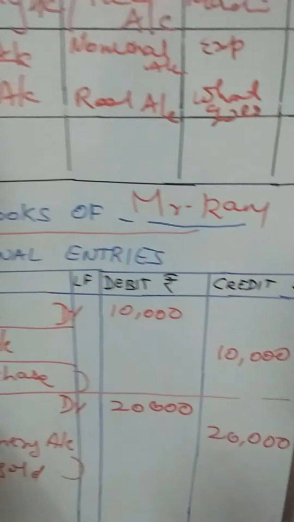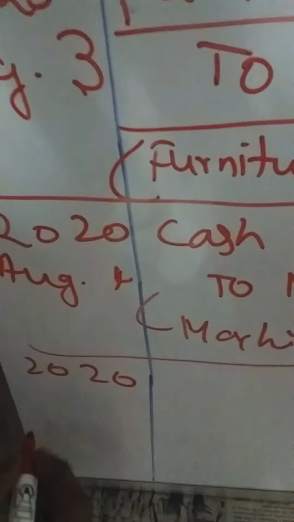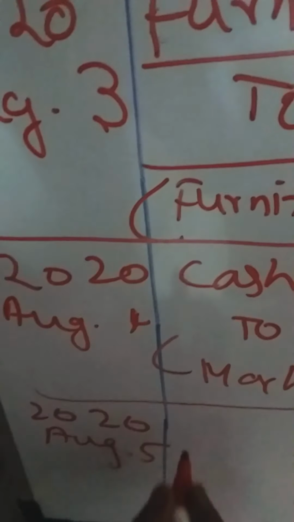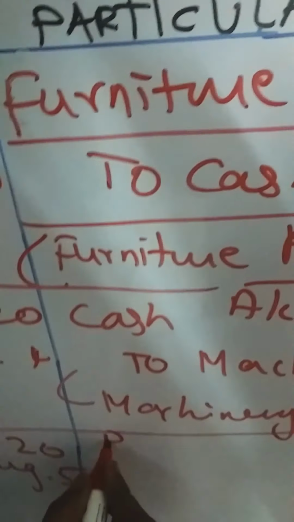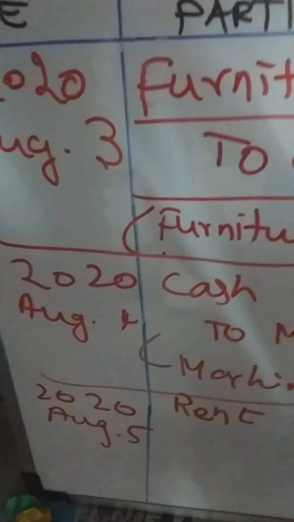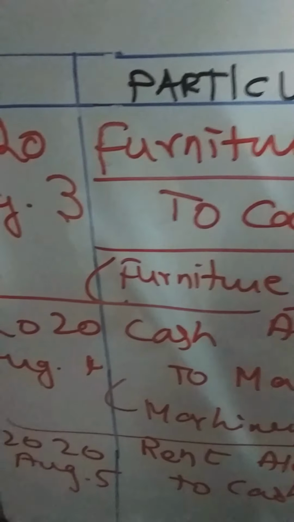So what is the journal for this? First you have to mention the date, 2020 August 5th. Rent account debtor to cash account.